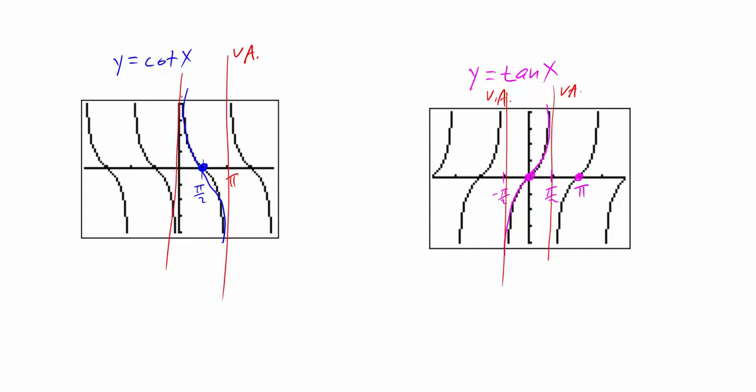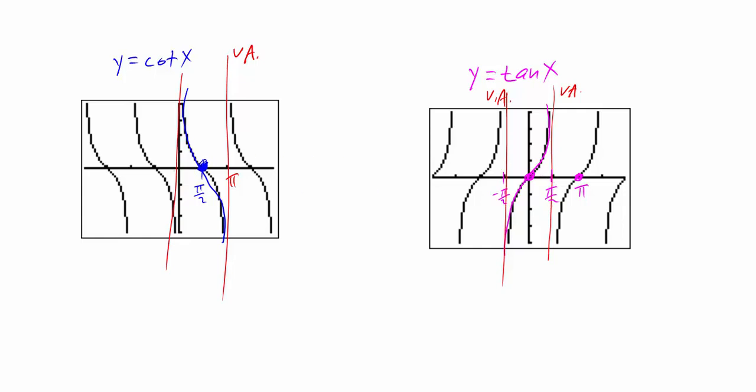So wherever the cotangent has a vertical asymptote, the tangent is having an x-intercept. And then vice versa. If we look over here at the cotangent, wherever the cotangent crosses the x-axis, the tangent is going to have a vertical asymptote.